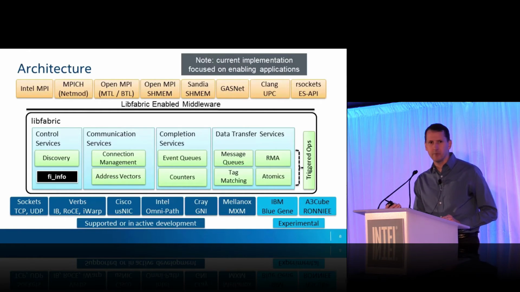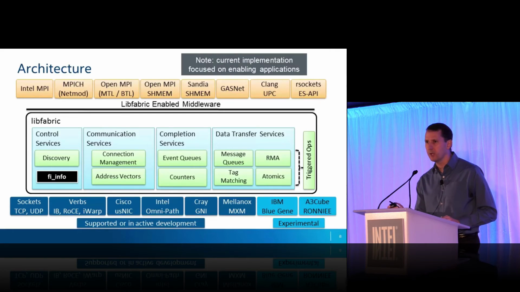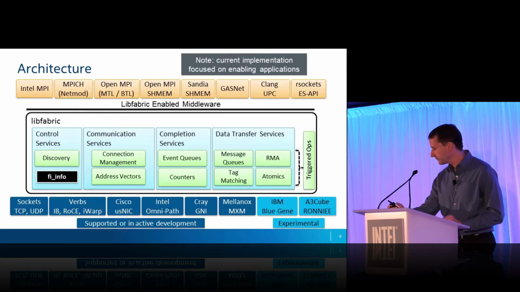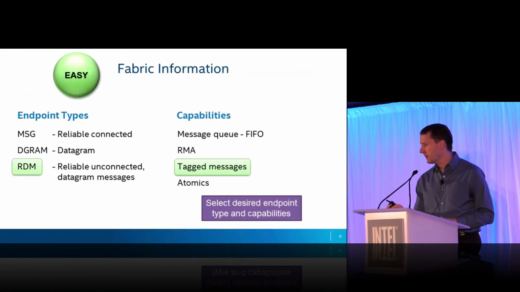I don't know that that will ever be made available, but we have it internally so we can at least test that the interfaces do exist and do run. And then there was a grad student who actually took this and ported libfabric on top of A3 Cube, an interface cluster that they support. Again, I'm listing that one as experimental because I don't know what the support status would be, because I think it was a master's student who did that work.